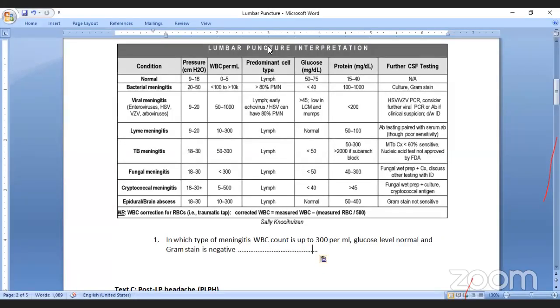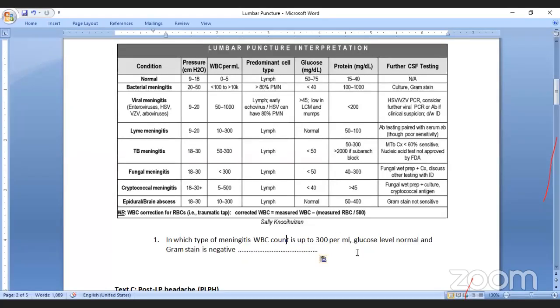Our purpose is not to do a lot of questions. Our purpose is to approach. To approach a table is very easy. You need to find the type of meningitis. Then in which the WBC count is up to 300. So it could be here, here, not here, and here.